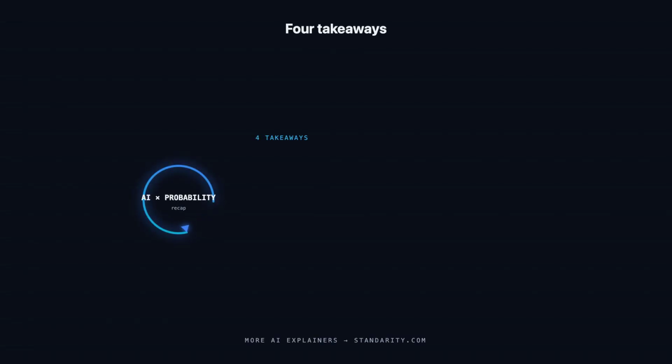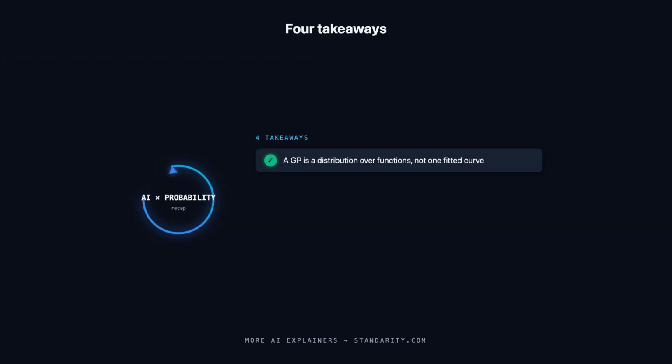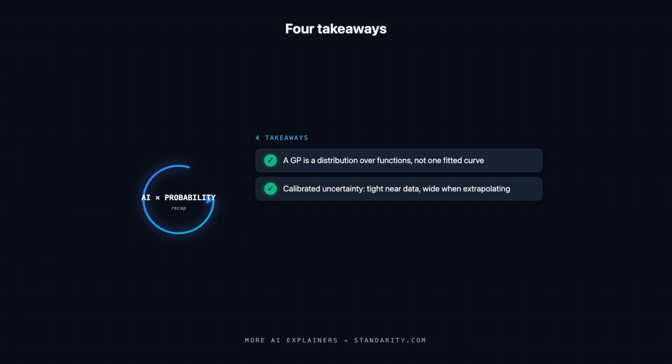Let's gather the essentials into 4 takeaways you can carry with you. A Gaussian process defines a distribution over functions rather than fitting one fixed curve, averaging over all the functions your data supports. Its real superpower is calibrated uncertainty. Every prediction arrives with a spread that's tight near your data and wide where the model is extrapolating.